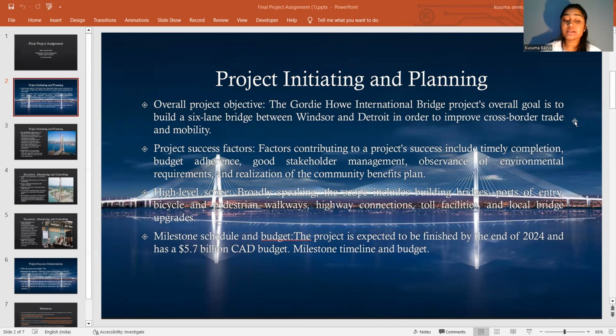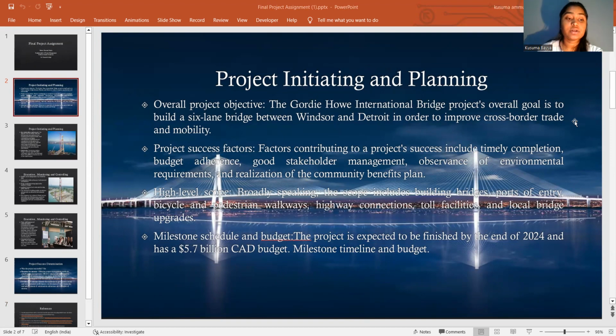This comprises building the six-lane bridge itself, as well as designated lanes for cyclists and pedestrians, entry points for both countries, integration with significant thoroughfares on either side, and the inclusion of toll collection infrastructure to support continuous operations and maintenance.